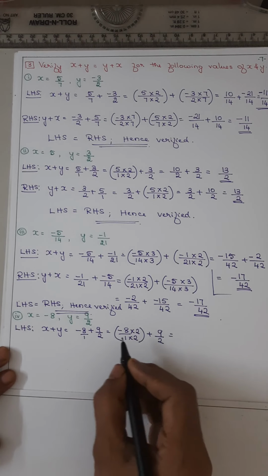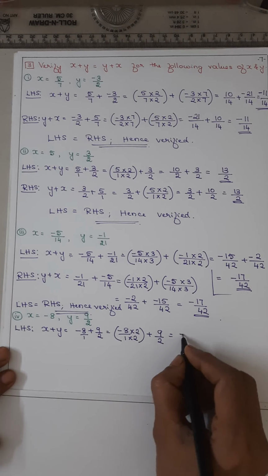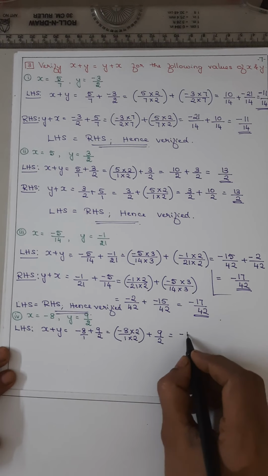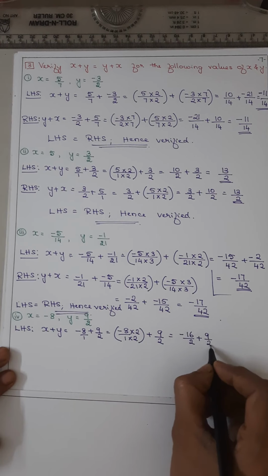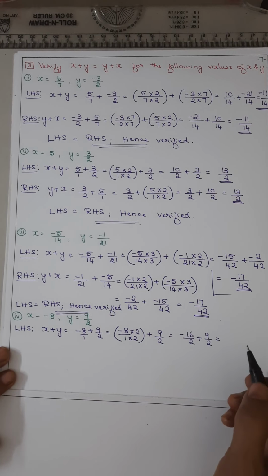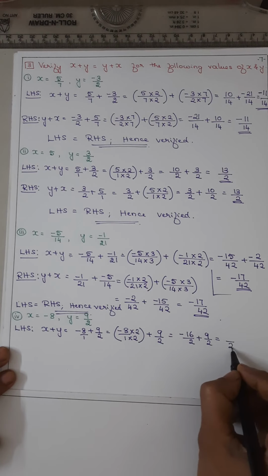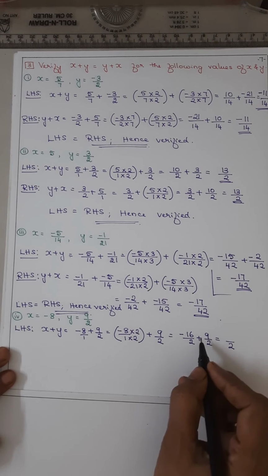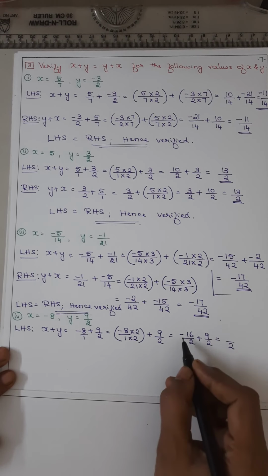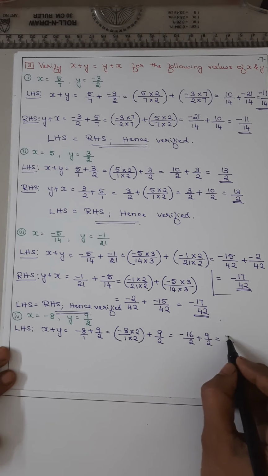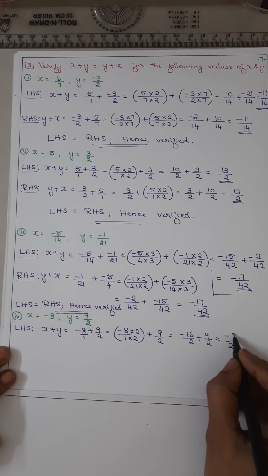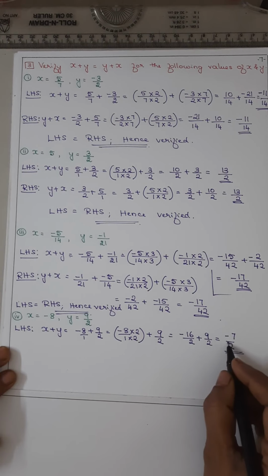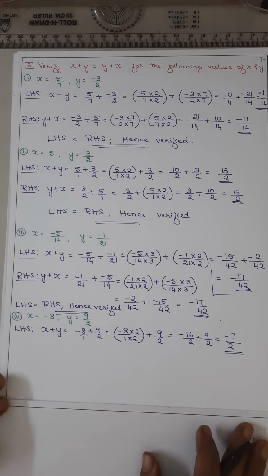This becomes plus minus minus 8 2s are 16 by 2 plus 9 by 2. Now denominator is 2. Signs are different. Subtract करो. 16 बड़ा है. Minus sign डालो. 16 minus 9 is 7. So you got minus 7 by 2.